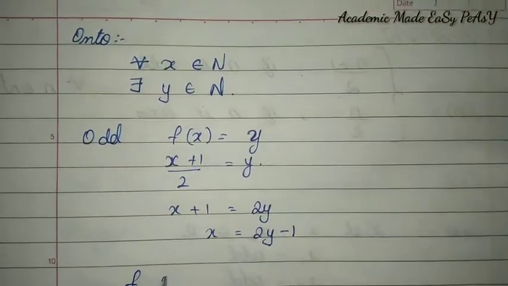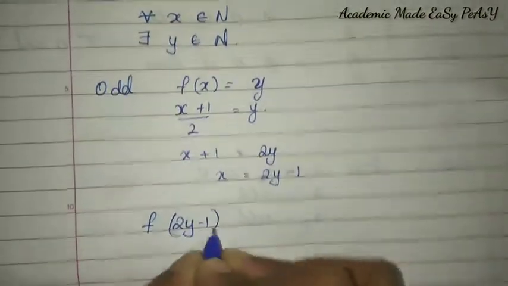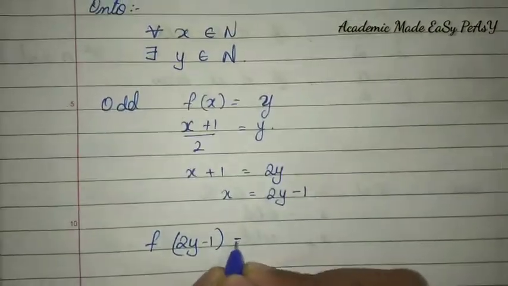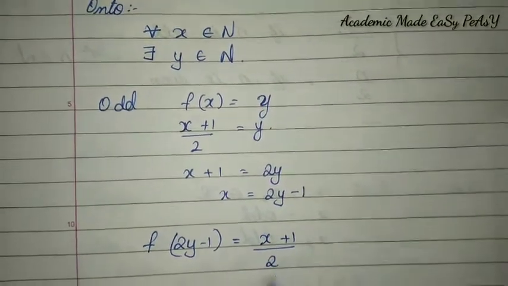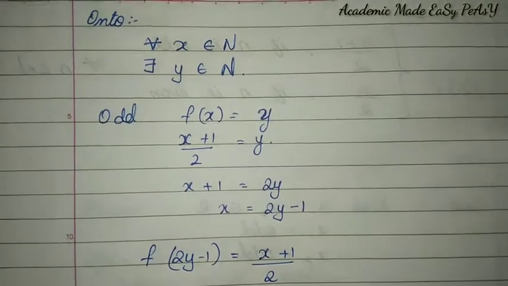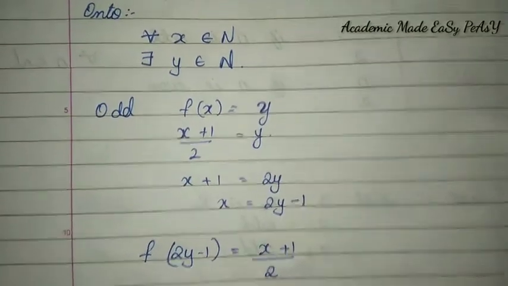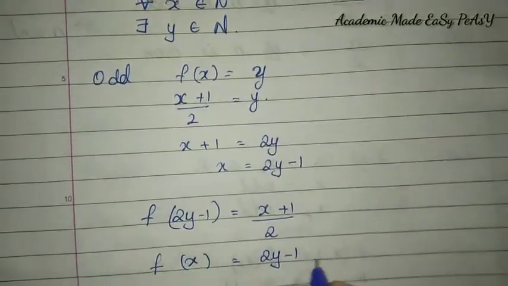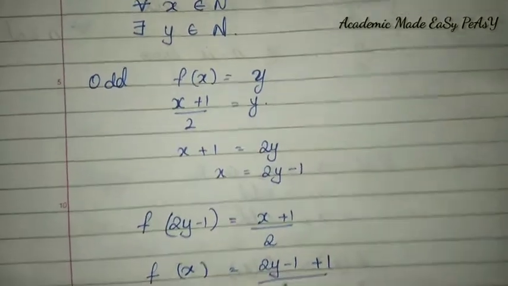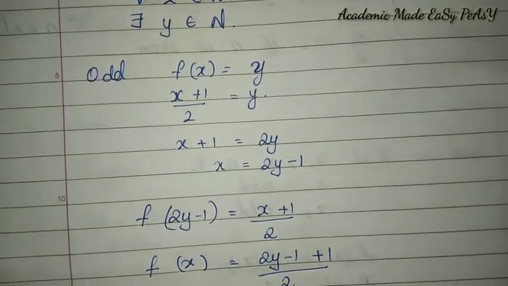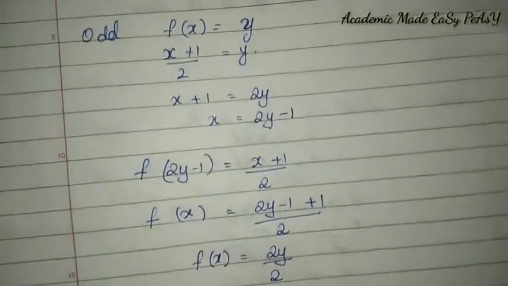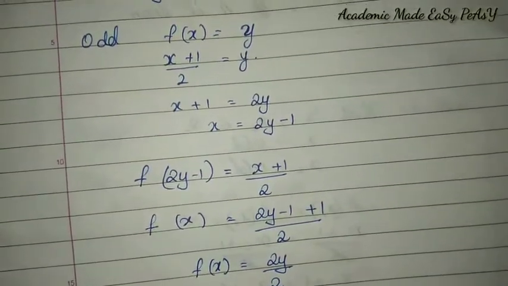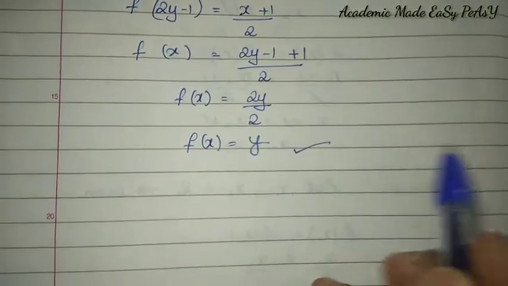I got it in terms of y, no, that I'm substituting here. So f of 2y minus 1 is (2y minus 1 plus 1) by 2. I'm substituting for the x value. So f of x is equal to 2y by 2. f of x is equal to y. Now it is proved for odd.